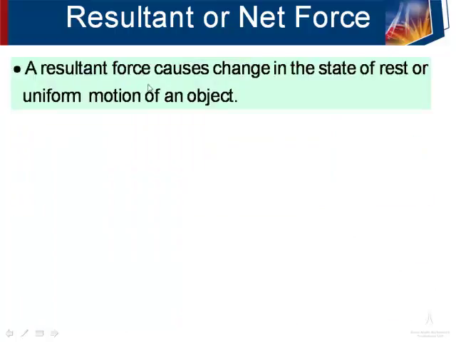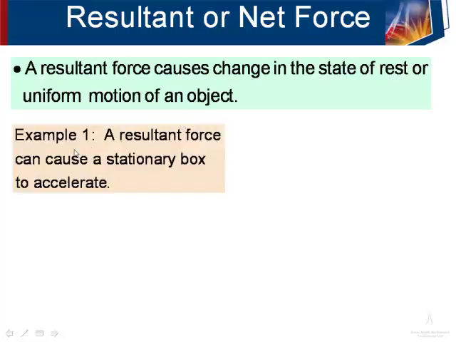You see, a resultant force causes a change in the state of rest or uniform motion of an object. We can see in example 1, a resultant force can cause a stationary box to accelerate. Stationary meaning at rest, and the resultant force, the F_net, can cause the box to accelerate from rest.